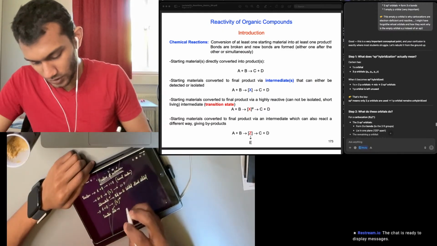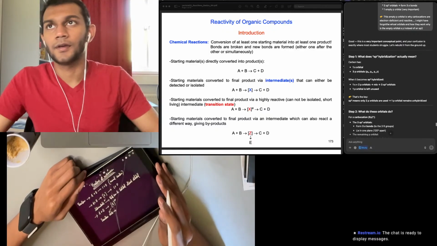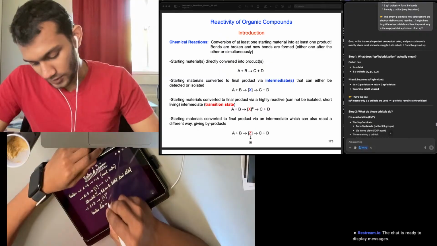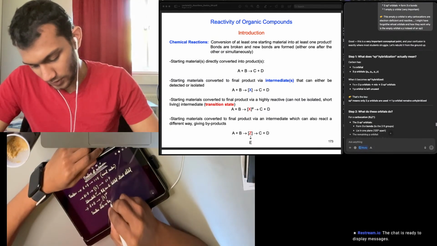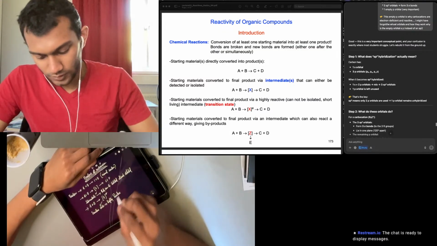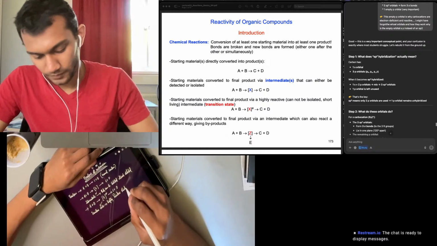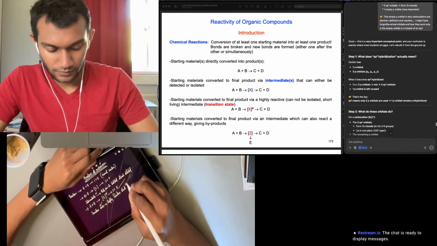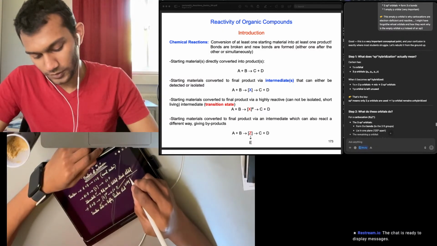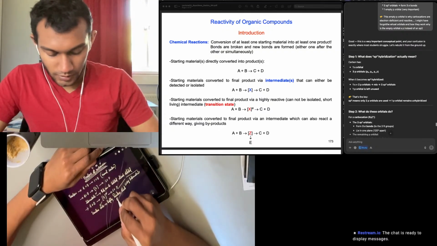It's basically a highly reactive, short-living intermediate that cannot be isolated.